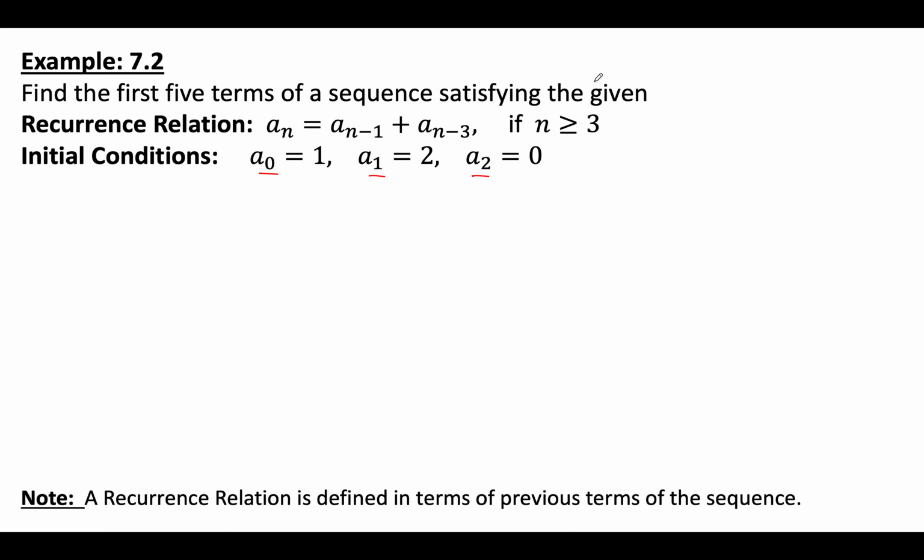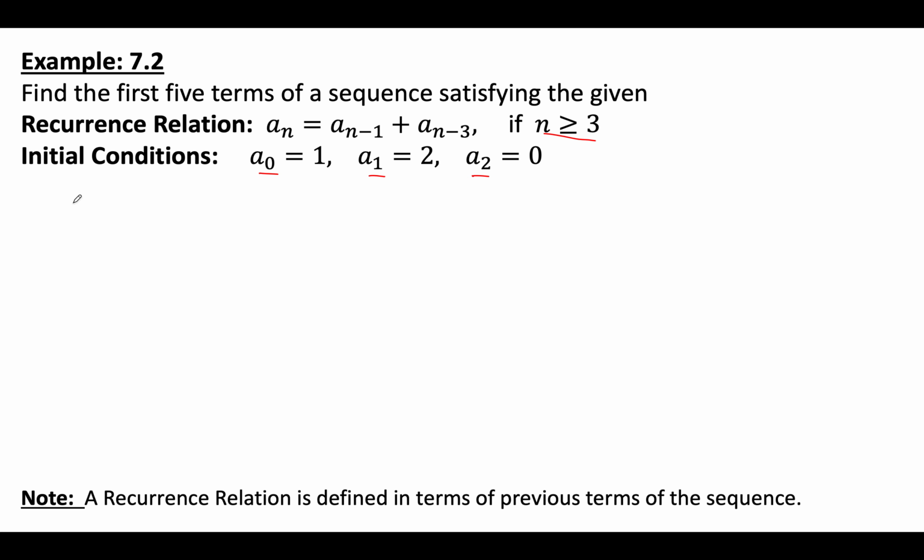That's why in the question, it asks us to start from n equal 3, which is the 4th term in the sequence. All right, so let's find the first 5 terms of the sequence. I've already got 0, 1, 2, and we will find 3, 4, 5, and 6.